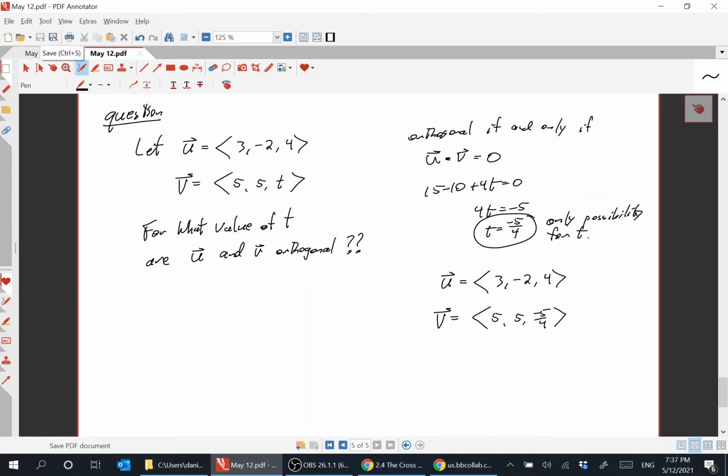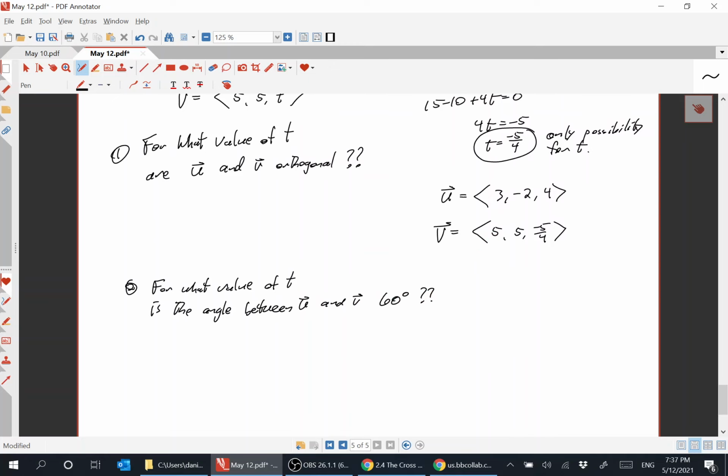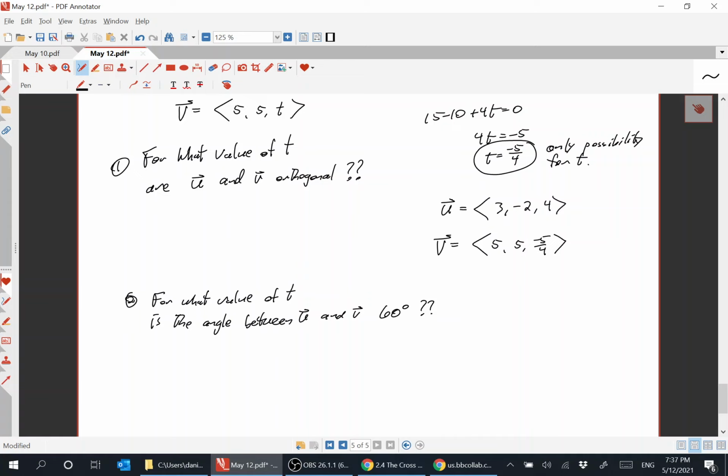What if we wanted the angle between them to be 60 degrees? It's a similar calculation, but we don't set the dot product equal to 0.